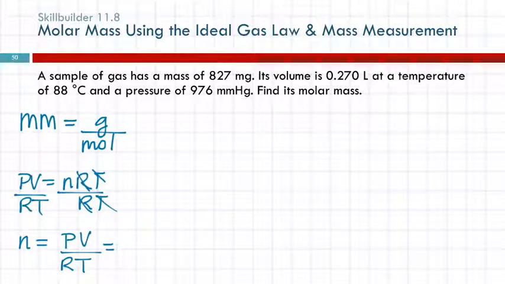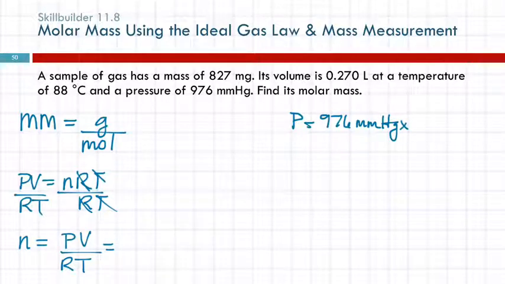Well, what's the pressure? 976 millimeters of mercury. Is that going to be a good unit? No, because the ideal gas law has atmospheres in it, so we need to convert that. Pressure is equal to 976 millimeters of mercury.